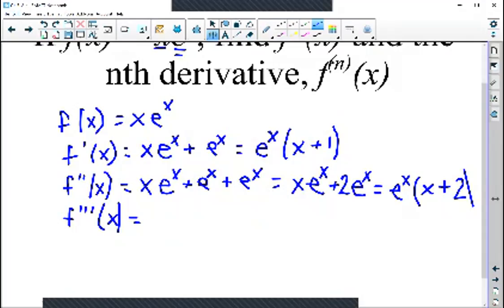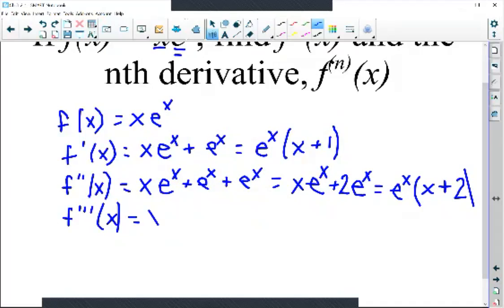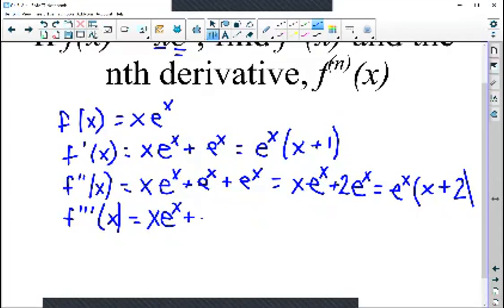Just combining my like terms, and that way I can take the derivative of this. Just makes it a little bit easier. So again, I have that x e to the x, and its derivative gives me x e to the x plus e to the x. And then I have the 2 e to the x.